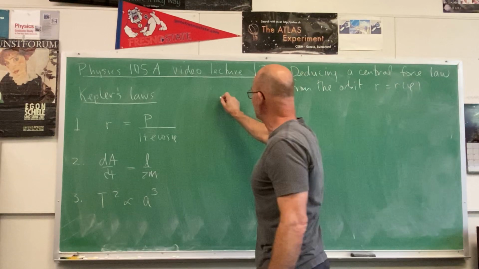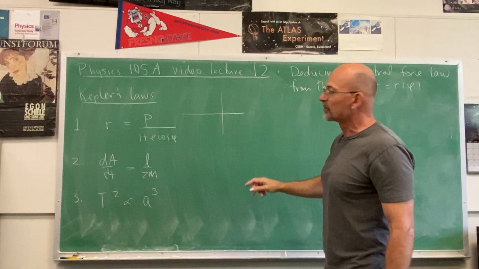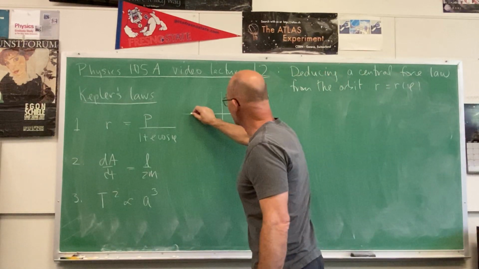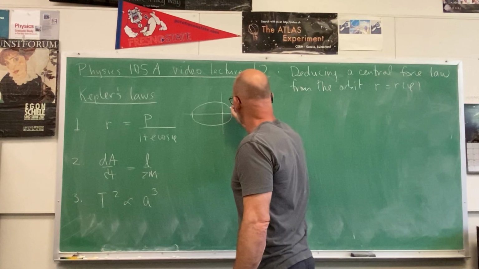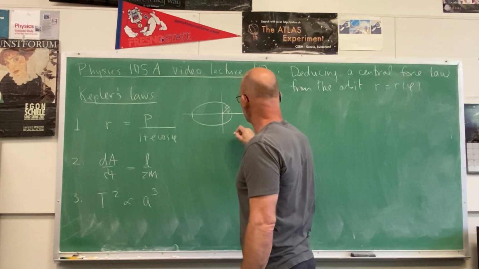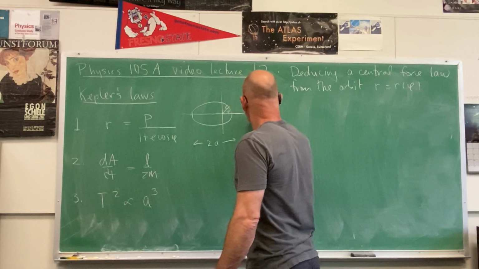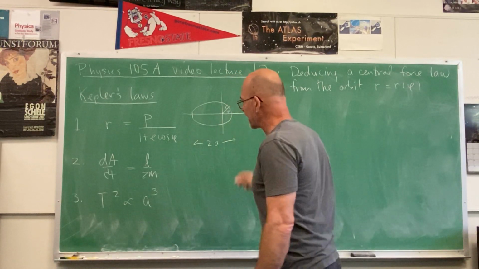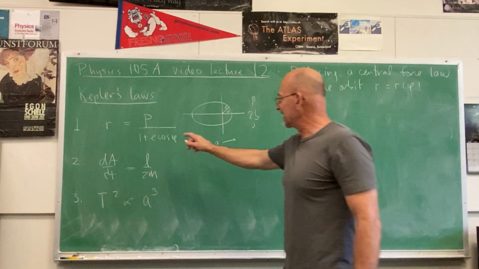And as far as these definitions go, this was in plane polar coordinates. I'll draw a pretty exaggerated ellipse this time, R of phi, 2a, 2b, the semi-minor axis, and then we have the definitions of a and b and p and e.